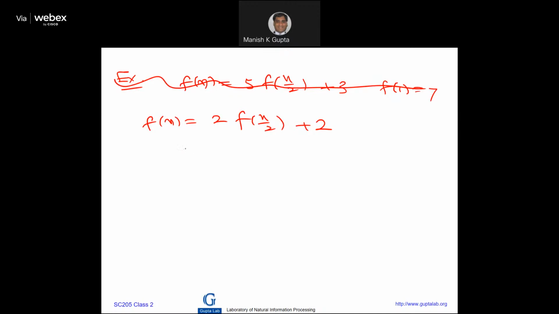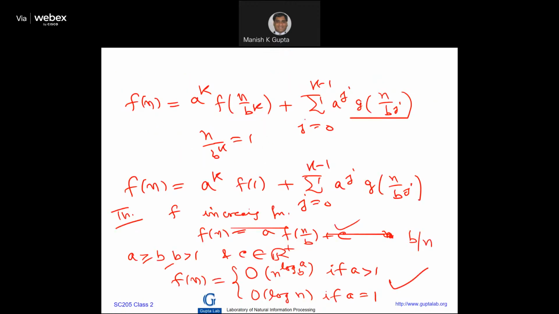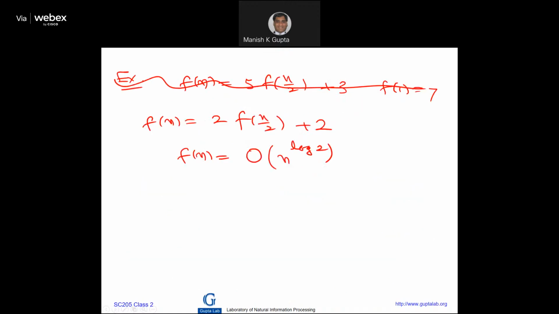Then f of n is equal to big O of n raised to power log 2, using this theorem, because f of n is equal to a times f of n by b plus c, where c is a constant here. So b is 2 here, right? And since b is equal to 2, this turns out to be big O of n.